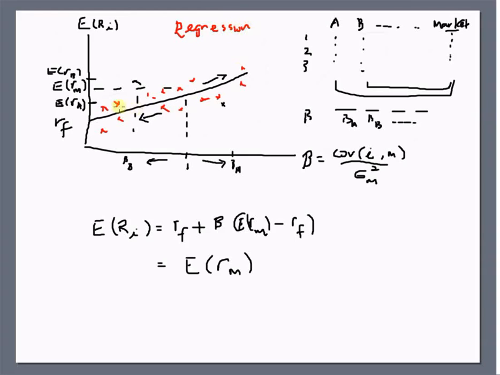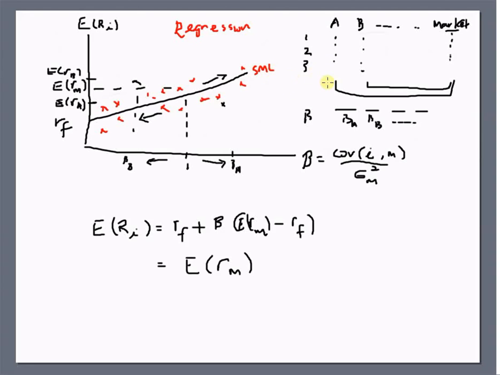Basically, we are trying to find a best fit line which minimizes the variance, the distance between all these points and this line. This is what we call the regression technique, and the eventual line that results will be the SML line. So this is what we do in practice.